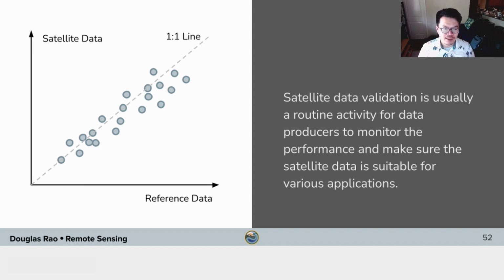In the scatter plot, we often want the matchup data points to be as close to the 1-1 line as possible, which indicates that satellite data is closely related to the reference data. This close correlation usually means that the data is of high quality and can be used for various applications.